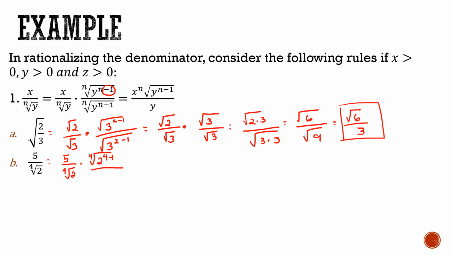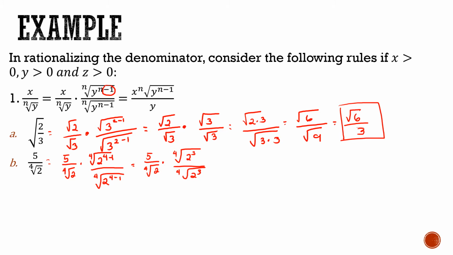So that is over the fourth root of 2 raised to 4 minus 1. So let's simplify the fourth root of 2 raised to 4 minus 1. So we have 5 over the fourth root of 2 times the fourth root of 2, 4 minus 1 is 3. So that is the fourth root of 2 raised to 3.